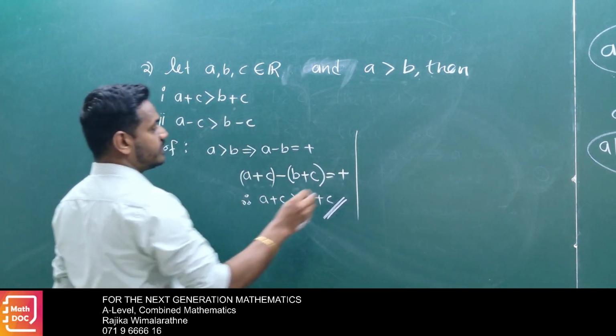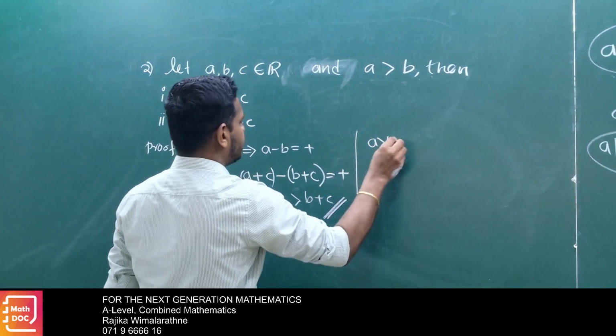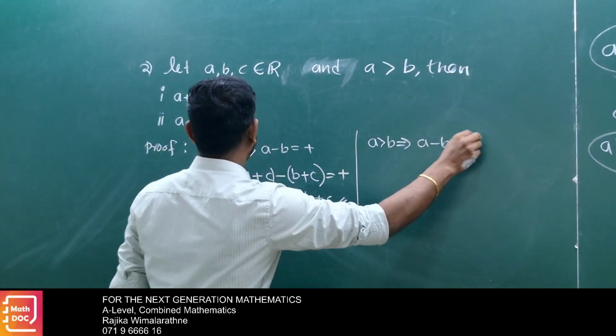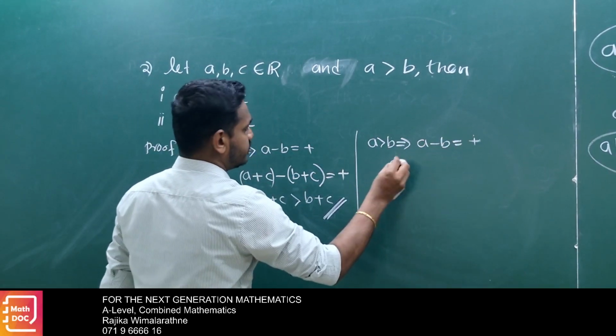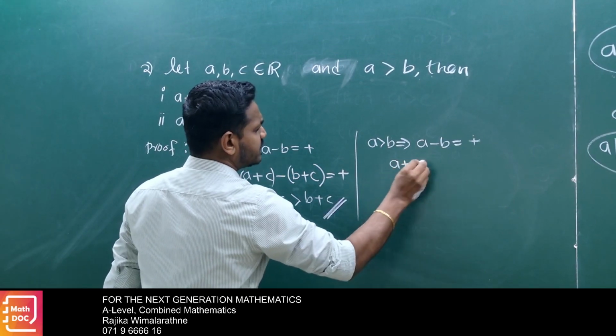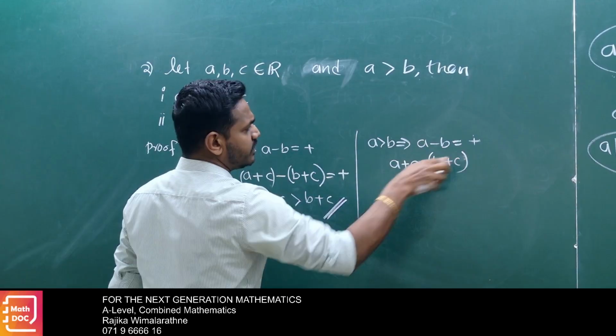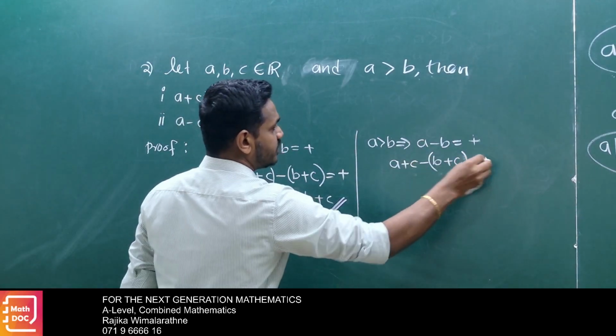Then second proof, A greater than B, the idea A minus B is positive. Then you do a similar thing, A minus C minus B minus C. So we can cancel C, no? Then no effect here. So the result is positive.